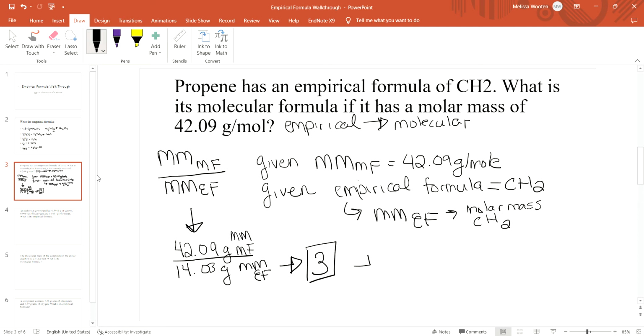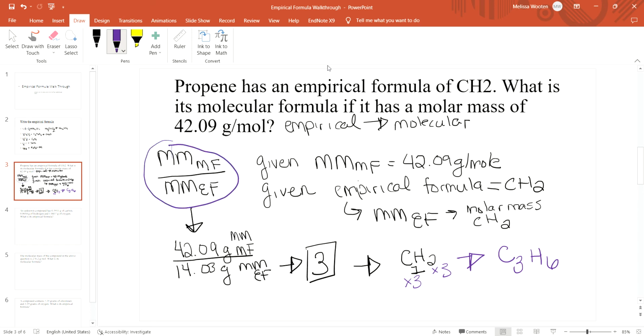Well, we take our empirical formula, and we take those subscripts, and we're going to multiply them by 3. To get, as our final answer, C3H6. Alright? And so when you're going from empirical to molecular, you're going from the lower to the higher. And this is the formula you're going to use. Okay?